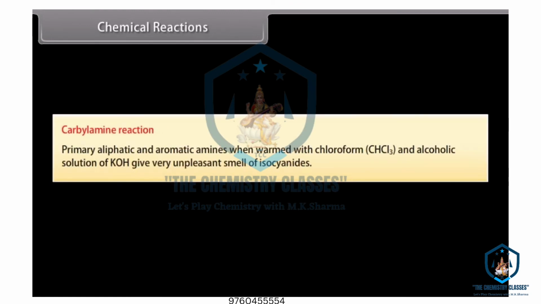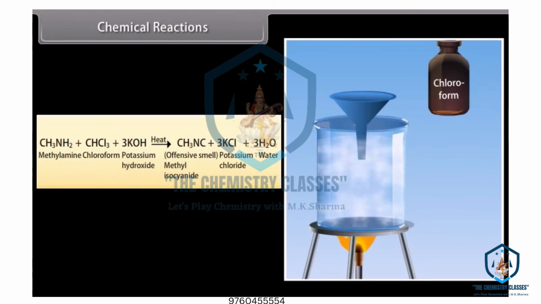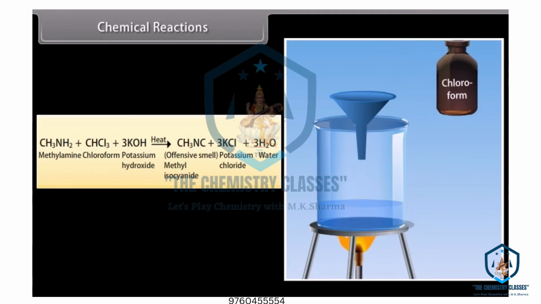Primary aliphatic and aromatic amines, when warmed with chloroform and alcoholic solution of potassium hydroxide, give very unpleasant smelling isocyanides. Chloroform and alcoholic solution of potassium hydroxide reacts with methylamine and forms methyl isocyanide, potassium chloride and water.